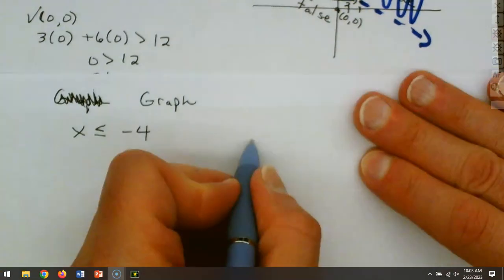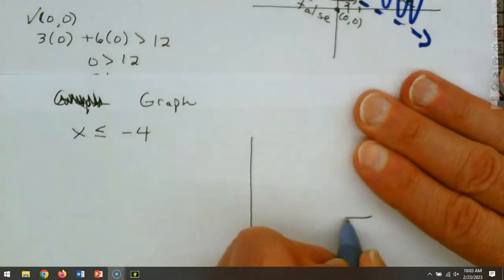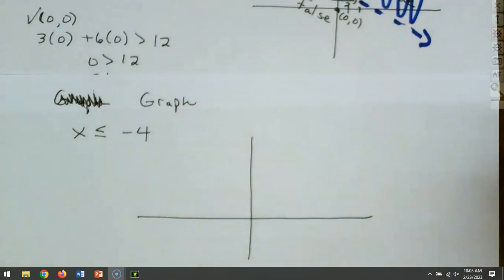This one's actually pretty easy if we remember what an x line looks like. So when we talk about these lines, remember there's 4 different outcomes. It can be a diagonal line that goes up from left to right, a diagonal line that goes down, you can have a vertical line or you can have a horizontal line. Now, what about x equals negative 4?